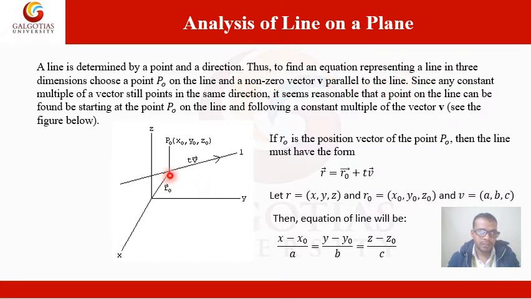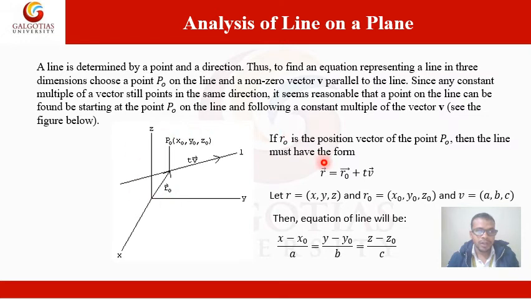Since any constant multiple of a vector still points in the same direction, it seems reasonable that a point on the line can be found either by starting at the point P0 on the line or by following a constant multiple of vector v. We can see the following figure here.